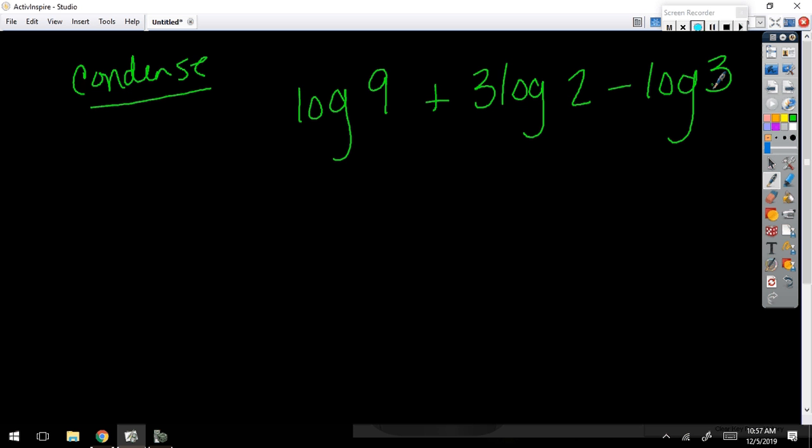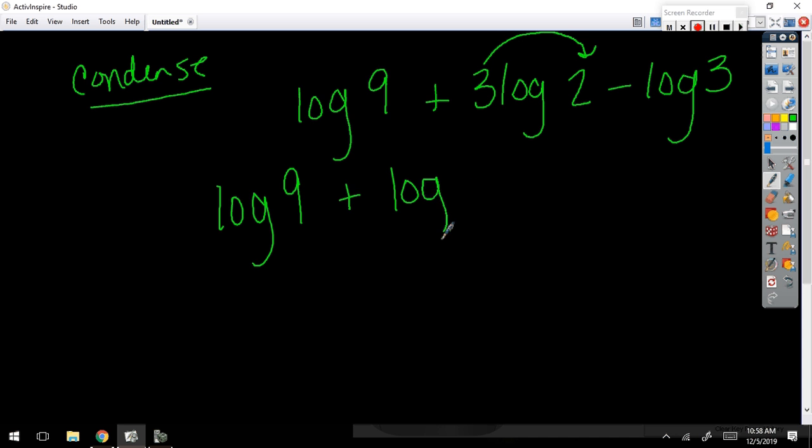There is three left, yeah. That can come around to the front. So there'll be 2 to the third. Exactly. So I have log, and remember the goal at the end, whenever you condense, is having log written only one time.